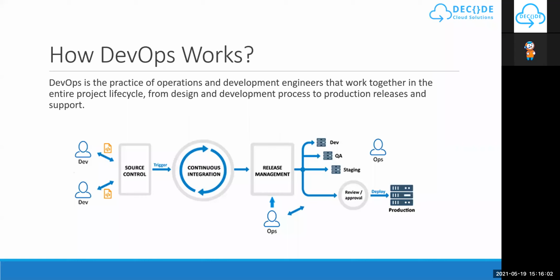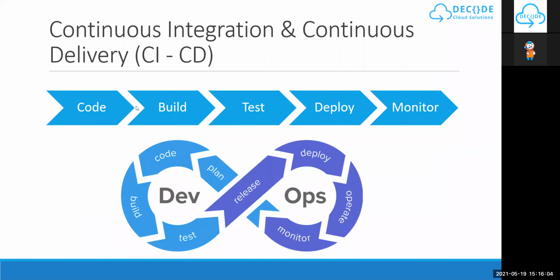And if you try to compare it with what you see on the slide right now, it is a typical 5 stages or 5 phases of developing your application, from developing your application till deploying your applications and then monitoring it. So this is a typical scenario, a life cycle for any application that we develop.